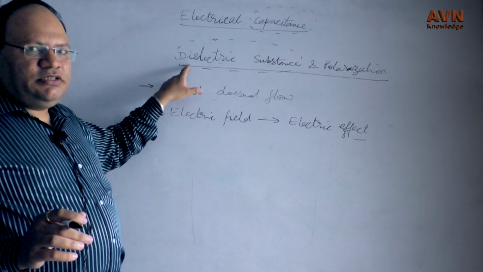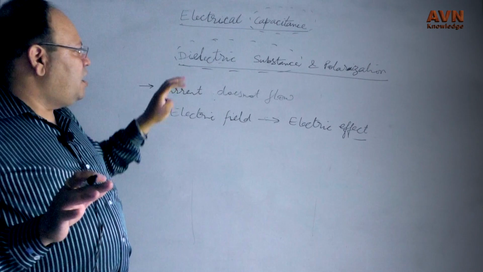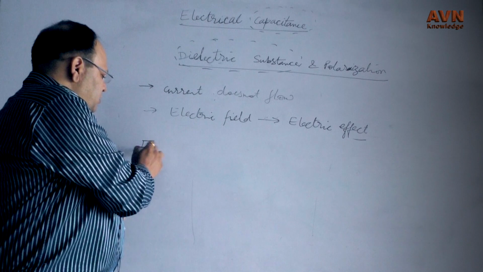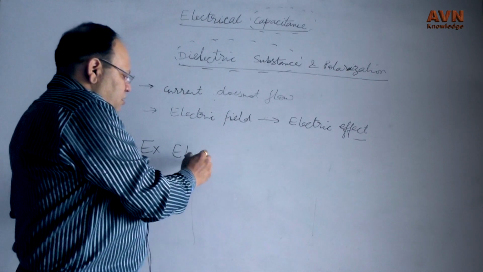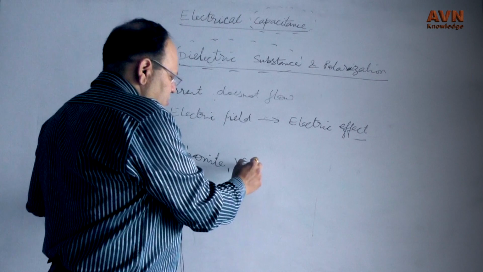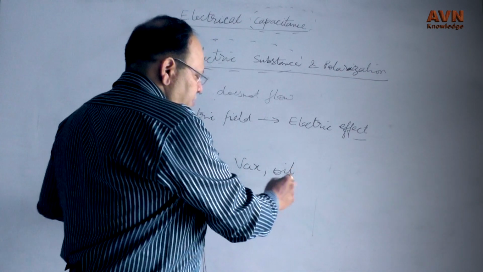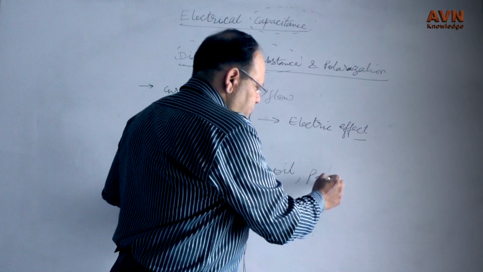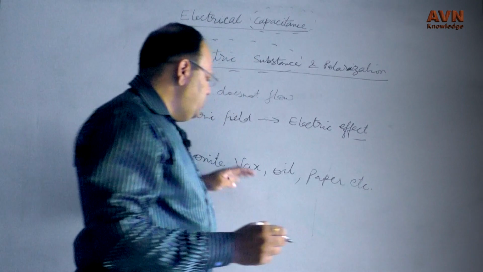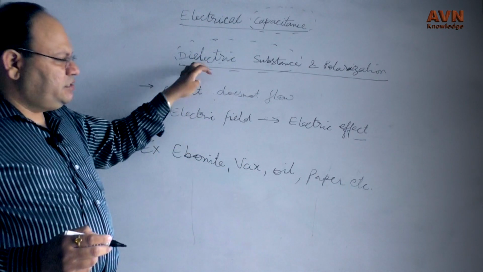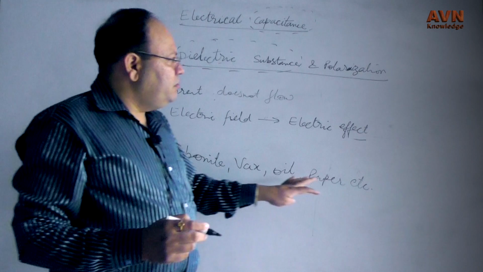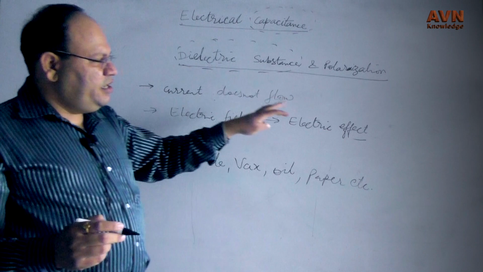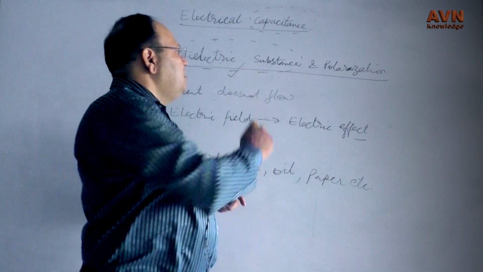Examples of dielectric substances are ebonite, wax, oil, paper, etc. In these substances current does not flow, but when you apply the electric field, the electric effect shows. That is a dielectric substance.